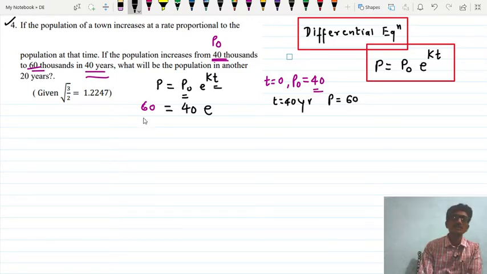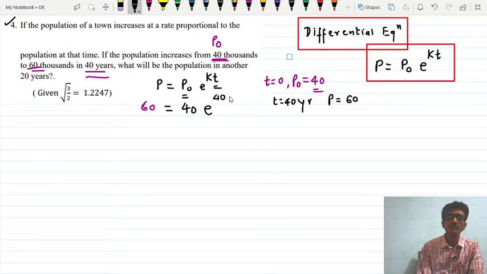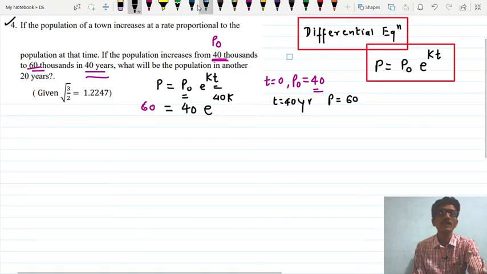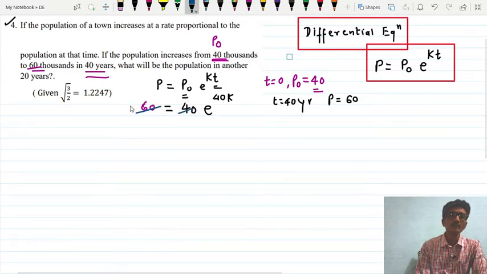Therefore 60,000 is equal to the initial population 40,000 times e raised to power K into 40. So we can simplify it.